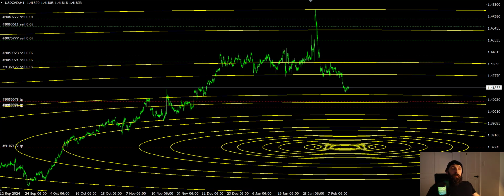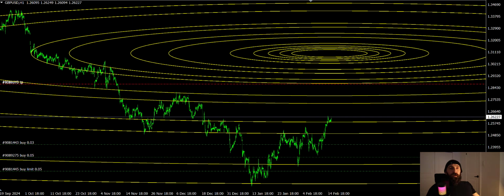So, yeah, that's all I got for today with the updates. You can see Great British Pound US dollar behaving pretty well over here on that support.